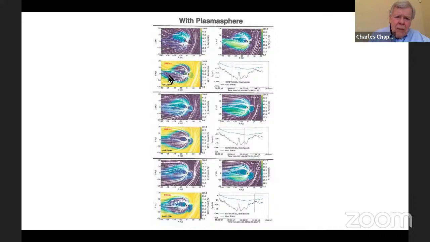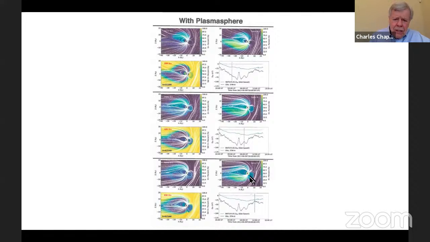The plasma sheet back here is almost 100% ionospheric H+, plus ionospheric O+. Here, in the expansion phase of the storm, you still see the ionospheric H+ filling in, the ionospheric O+. Still, the solar wind is not dramatically accessing the inner plasma sheet inside of 30 RE.